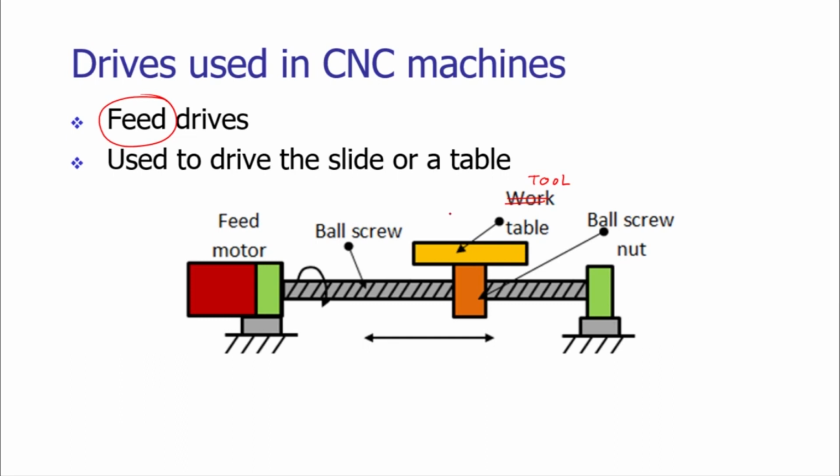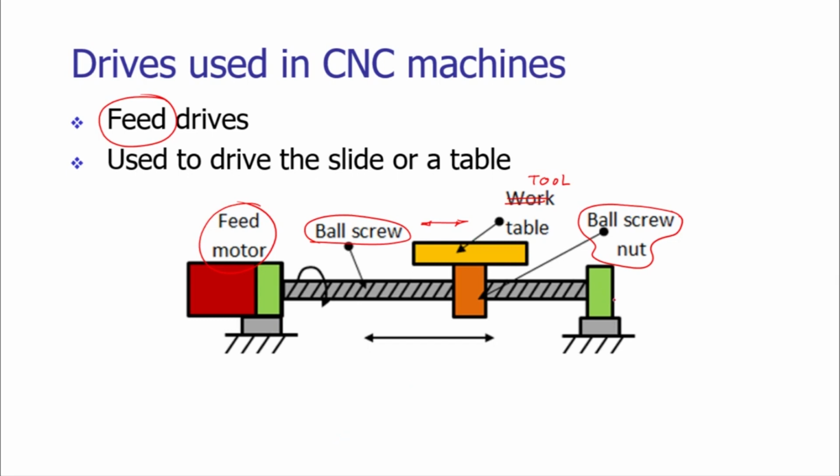This linear motion is possible by utilizing another motor. That motor is connected to a ball screw. The ball screw is a mechanical element. It has a ball screw nut, and on this nut, the table is mounted.